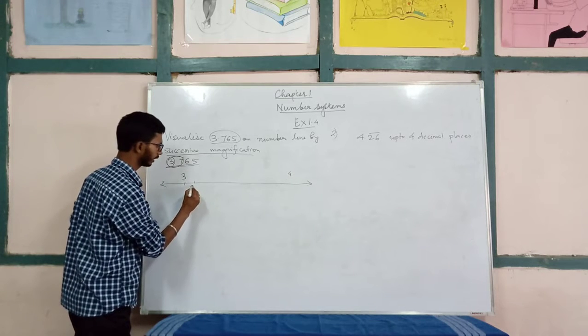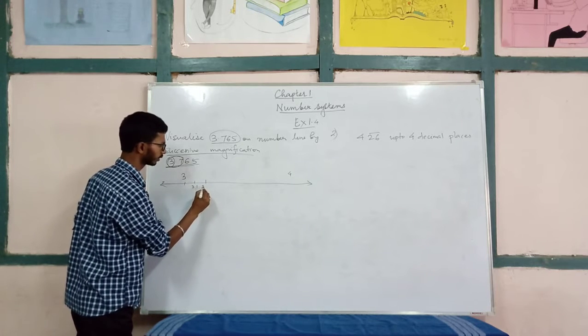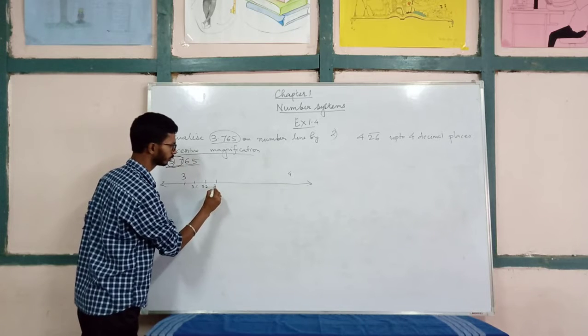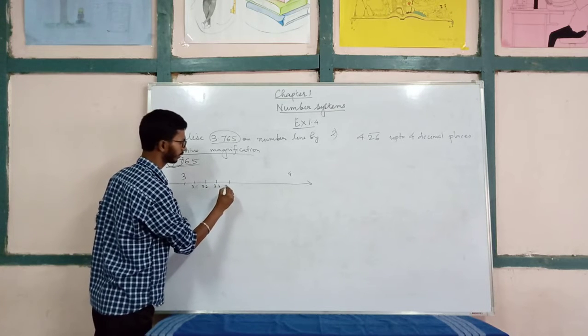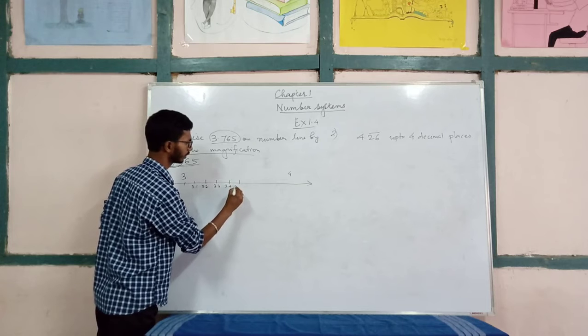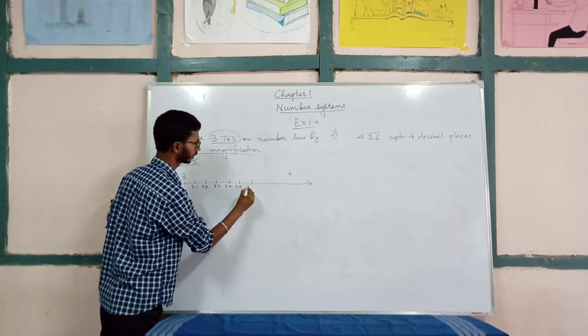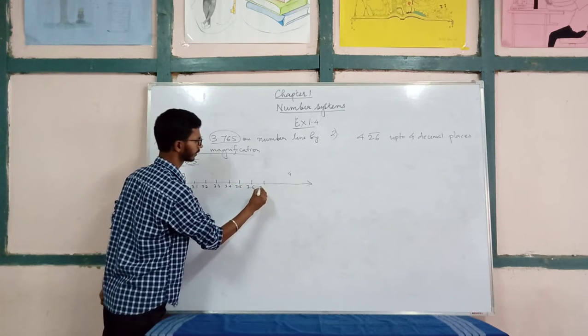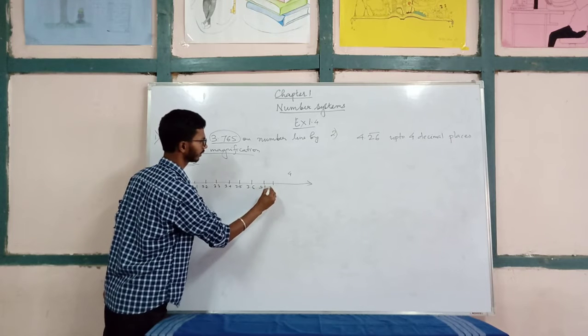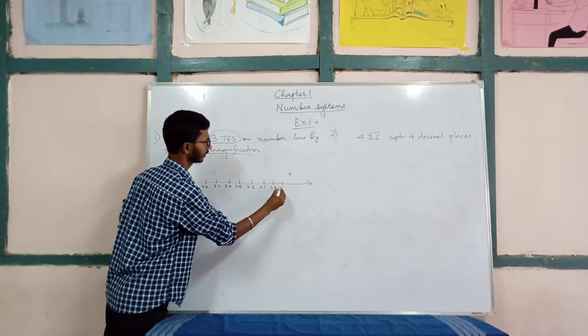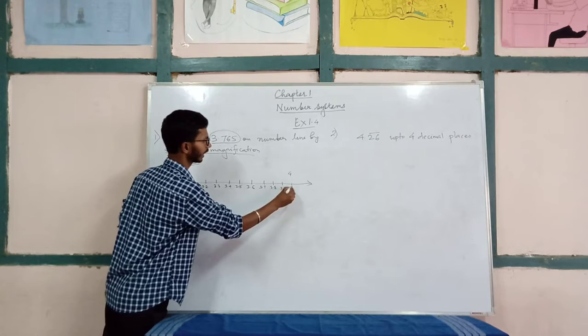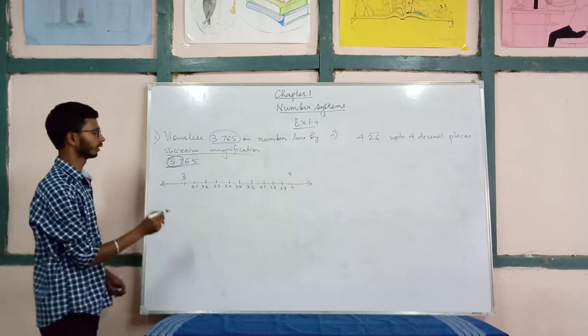So after 3 comes 3.1, 3.2, 3.3, 3.4, 3.5, 3.6, 3.7, 3.8, 3.9, and this is 4.